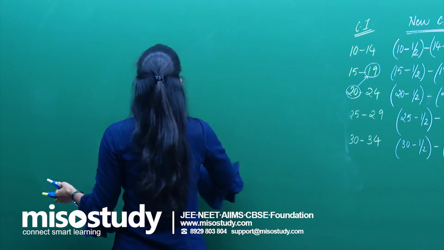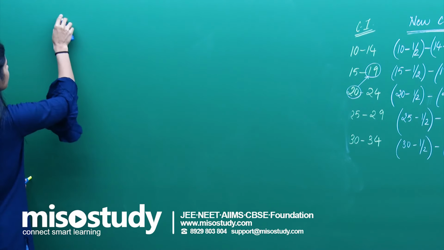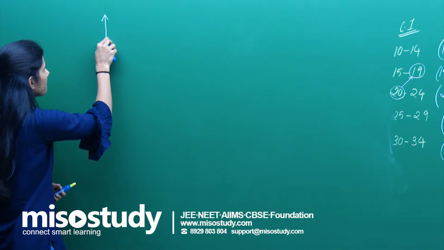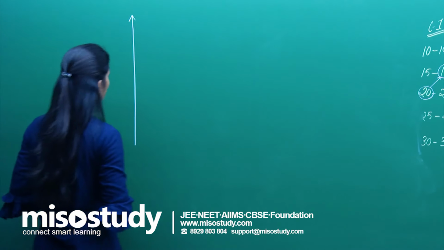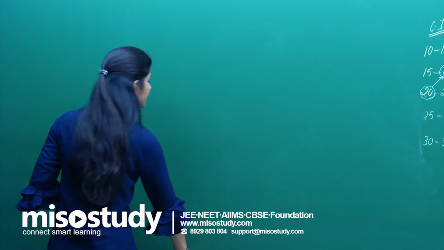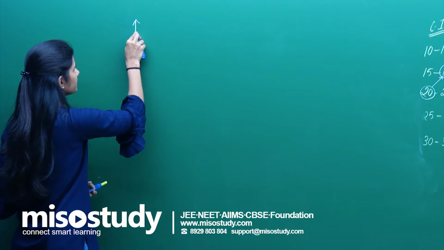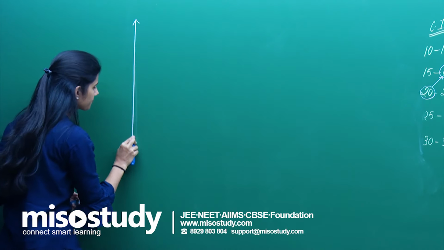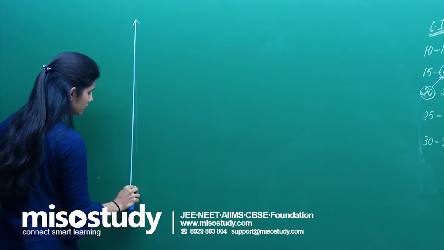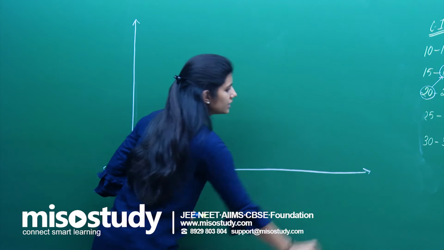How do you proceed? You draw the x-axis, you draw the y-axis. The moment you draw them, you know what the x-axis is representing and what the y-axis is representing, right? So you have a horizontal line and a vertical line.